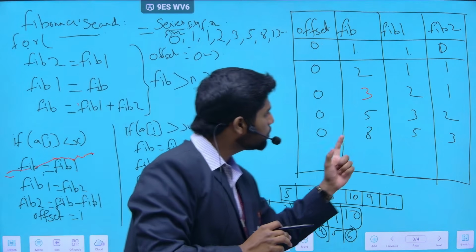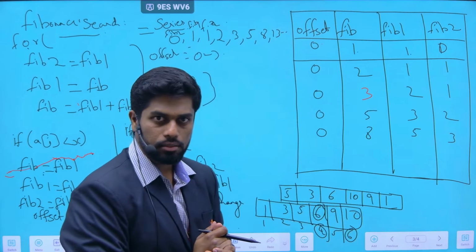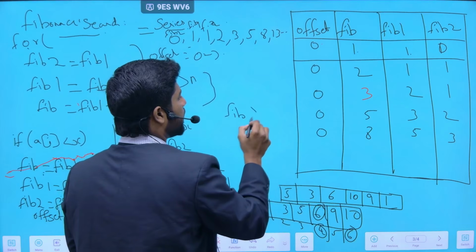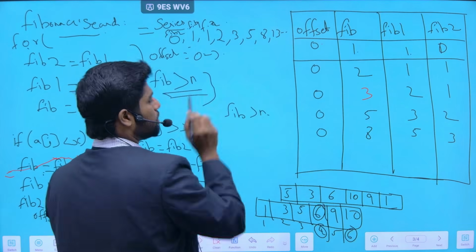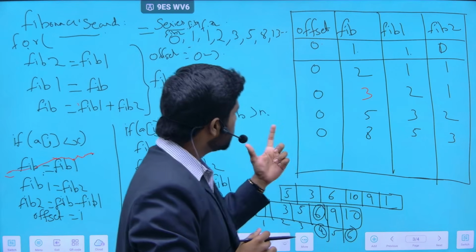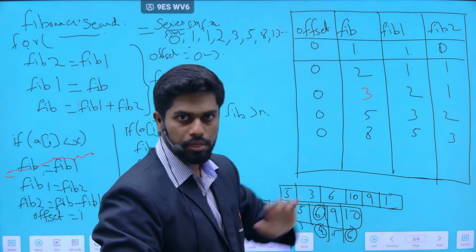We are going to stop here. Why are we going to stop here? Since fib is greater than n, this condition. Once we get this condition, we are going to stop this table.